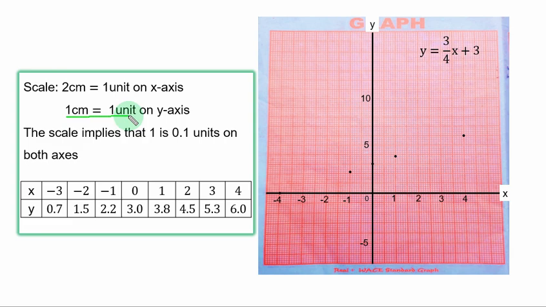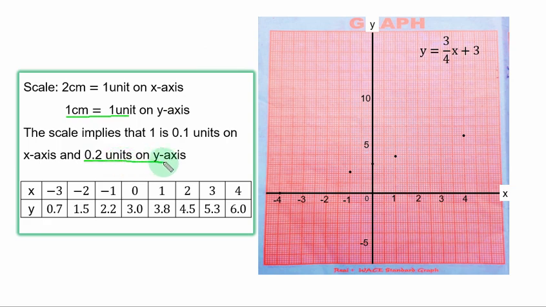The scale implies that one line is 0.1 units on S axis and 0.2 units on Y axis.